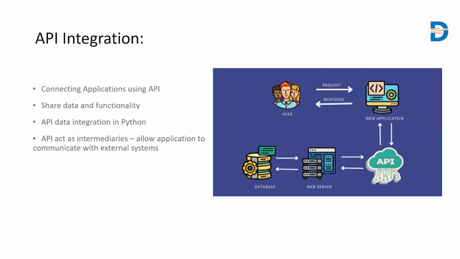APIs act as intermediaries and allow your application to communicate with external systems, enabling you to fetch data or send data programmatically.